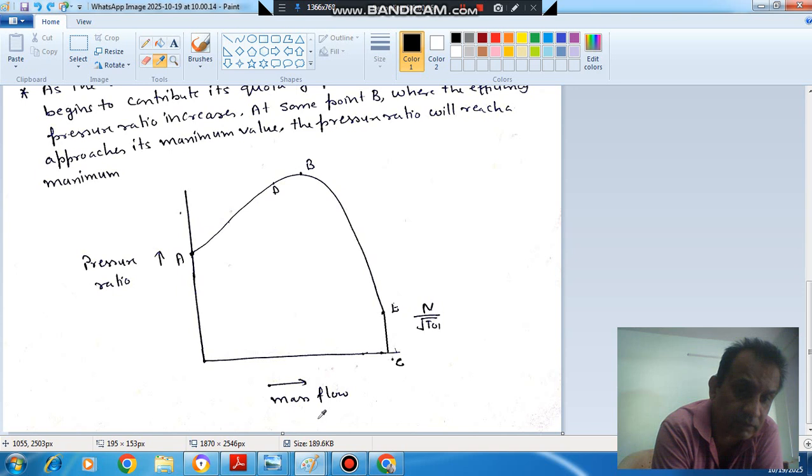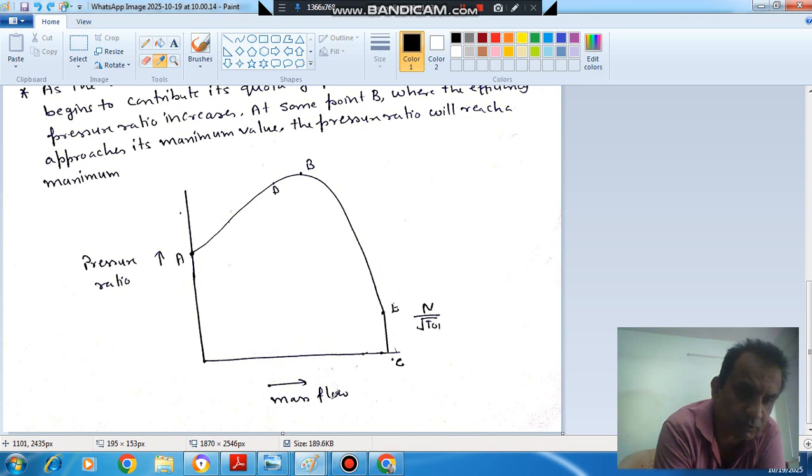Now the third limitation that is put on the compressor is in the range of BC, and this is your choking. So this is according to the maximum mass flow rate. If the compressor is operating in this region, and if we increase the mass flow rate like this, then the pressure ratio will decrease.